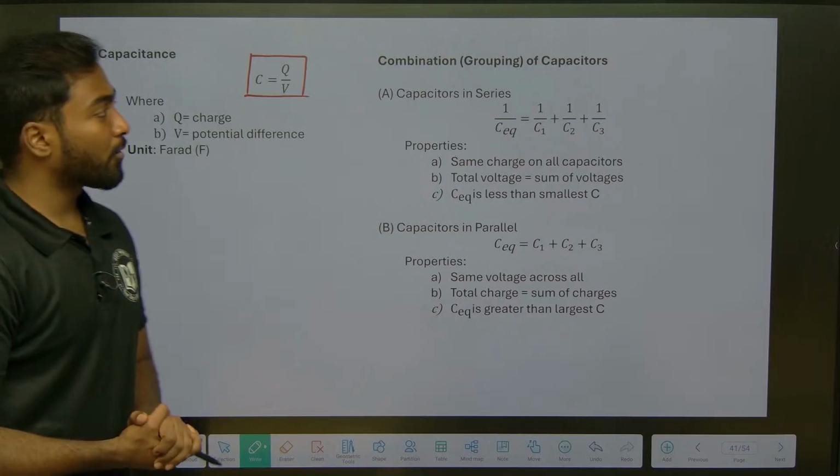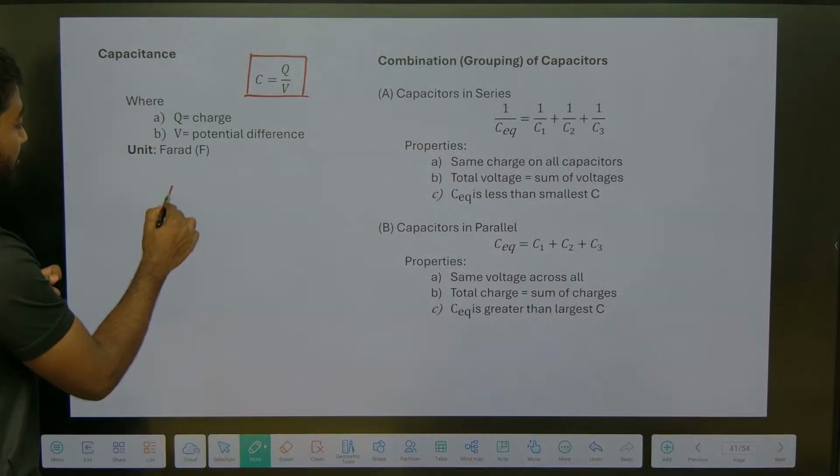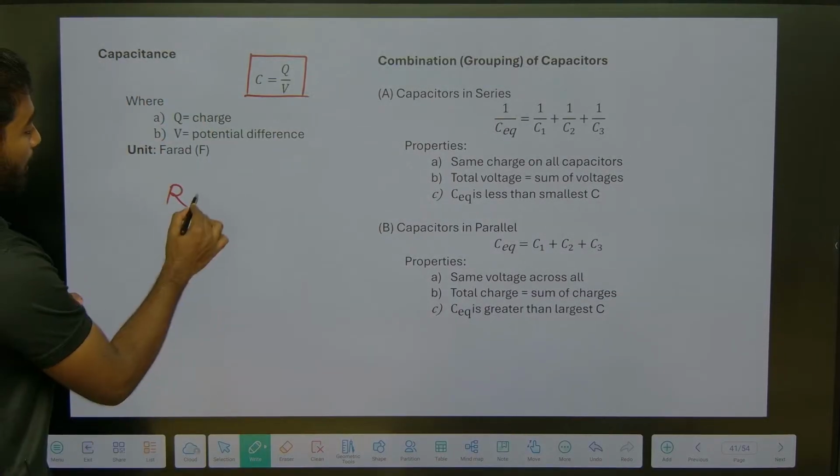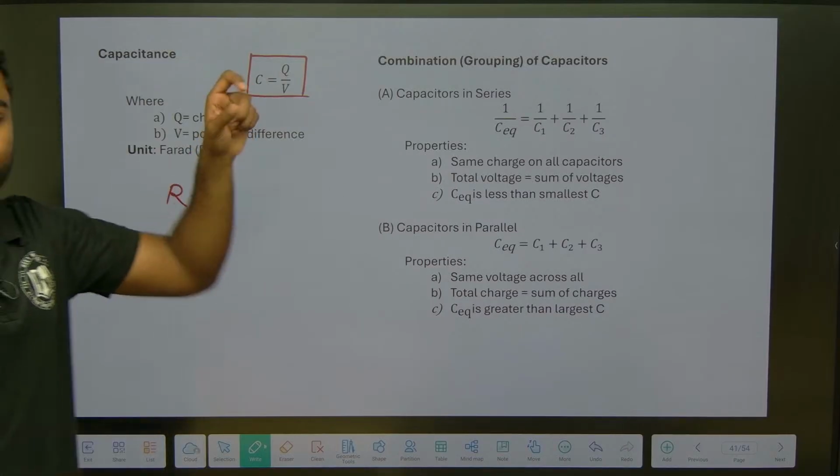And when we talk about combinations, like with resistors in series or parallel, we have some formulas for that.